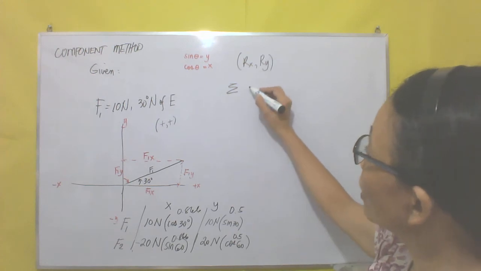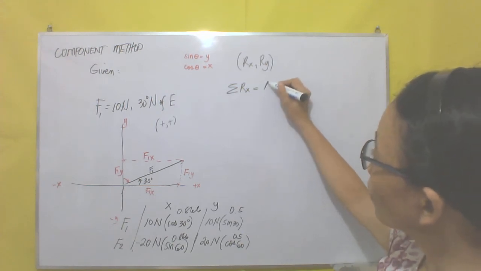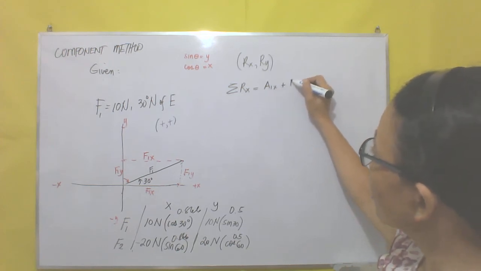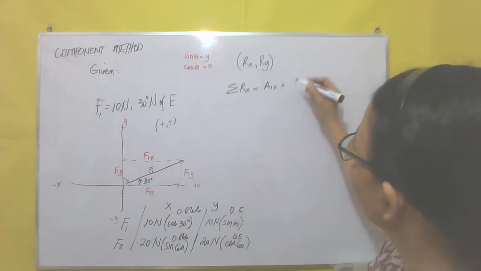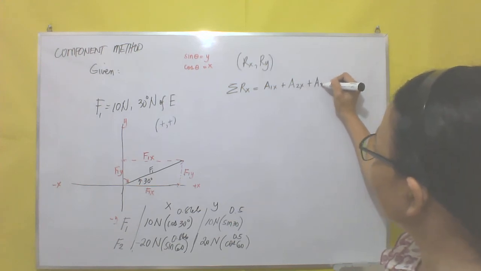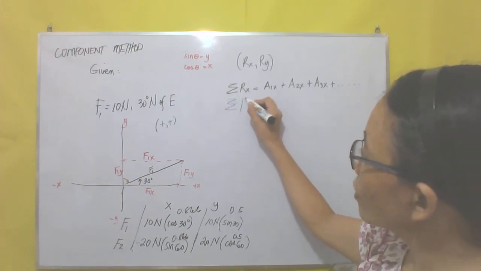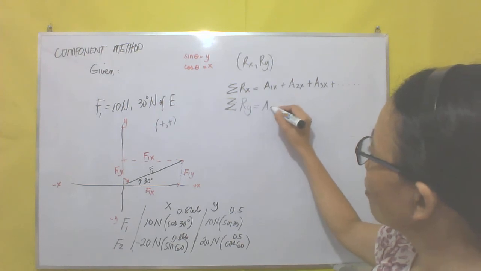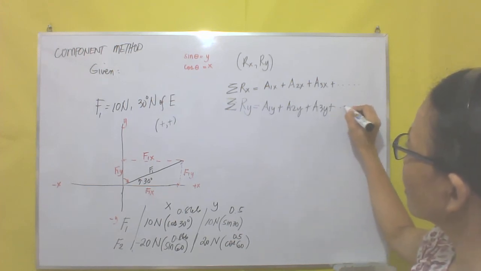The summation of the x components is equal to A1x plus A2x plus A3x and so on. Then the summation of the resultant vectors along y is A1y plus A2y plus A3y and so on.